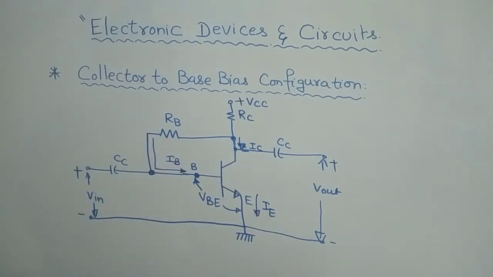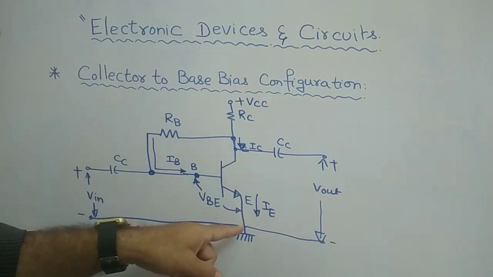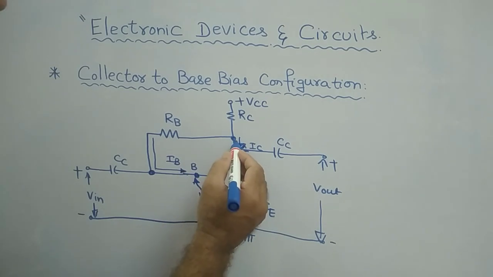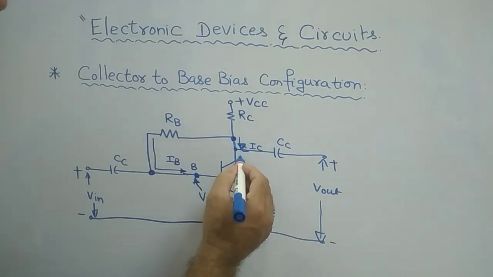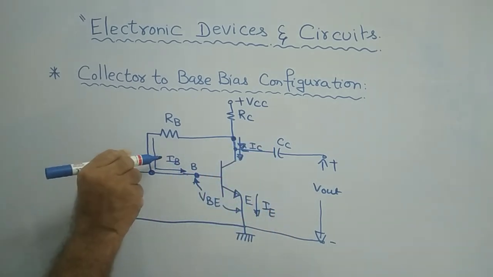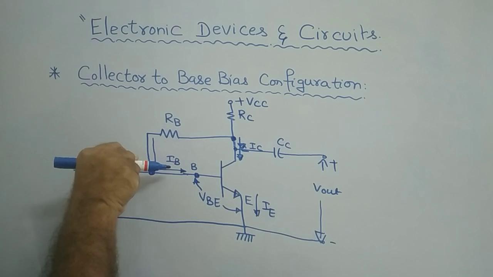From the collector point, the current IC flows downward, and the base current IB flows towards this.